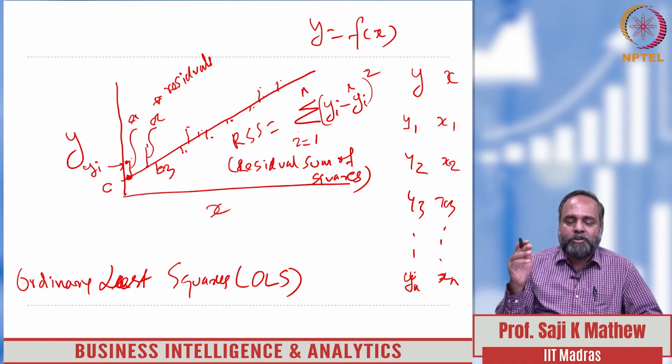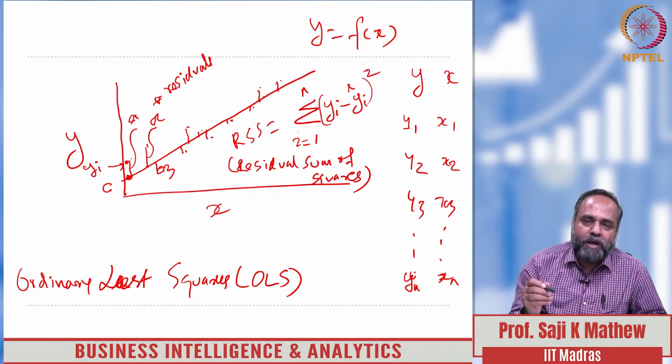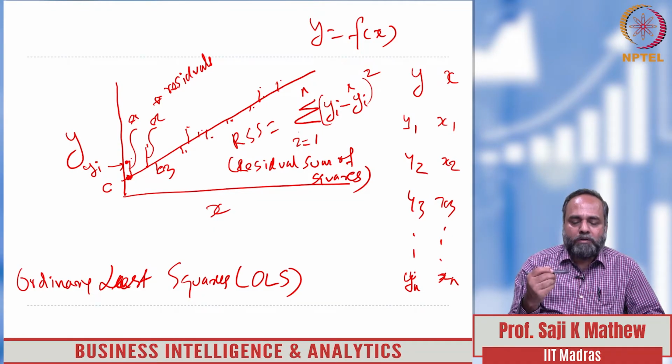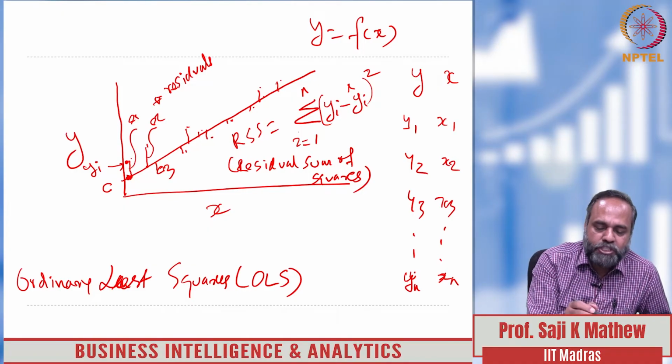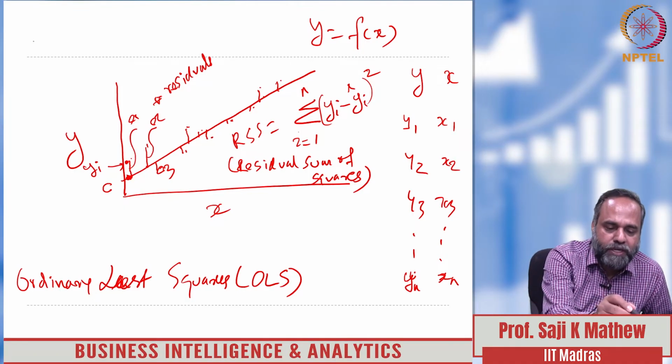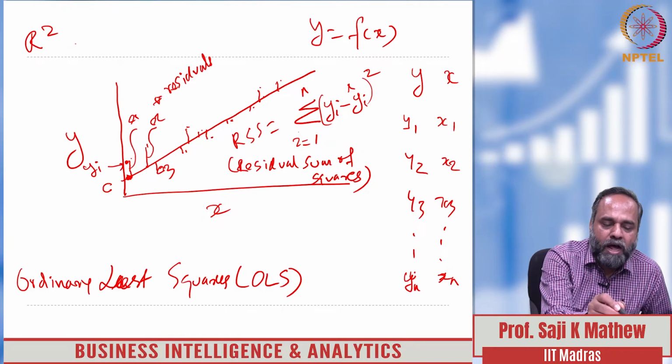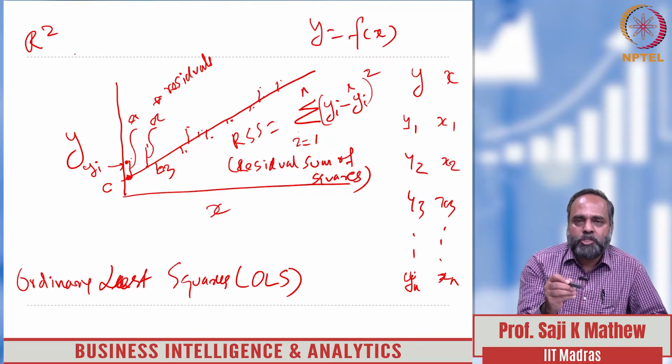So, it becomes difficult to compare models, and therefore, you have more useful measures for determining a fit of a model. One such useful measure is the R squared. I think I talked about R square when we were discussing multi-collinearity.